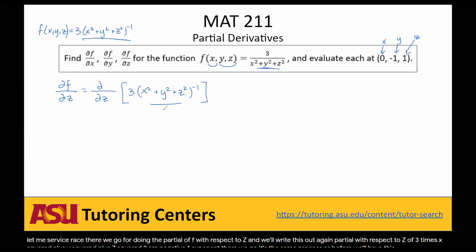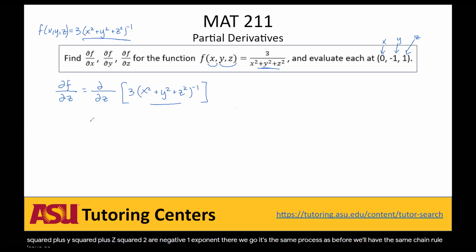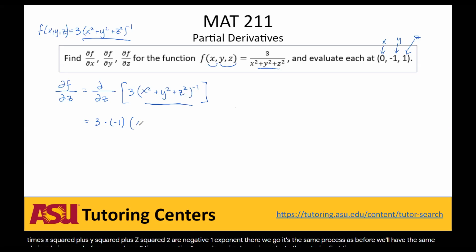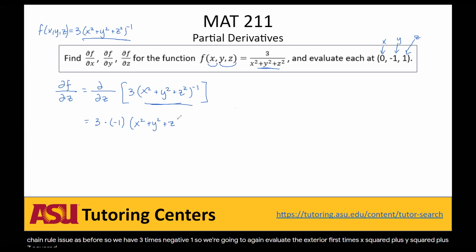We'll have the same chain rule issue as before. So we have 3 times negative 1. So we're going to, again, evaluate the exterior first. Times x squared plus y squared plus z squared to the negative 2nd power.